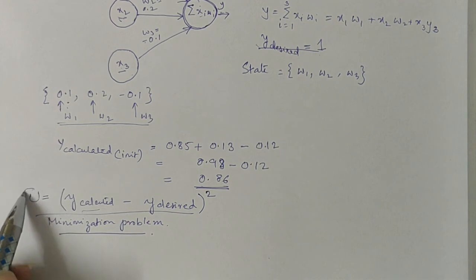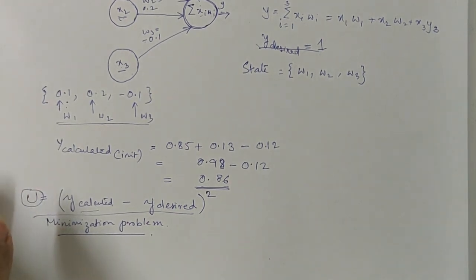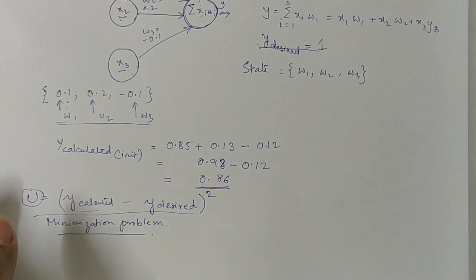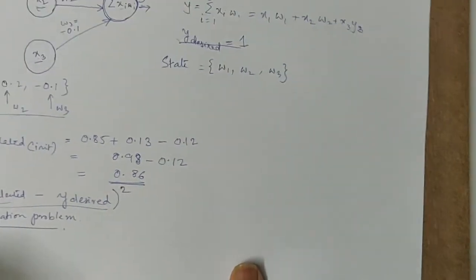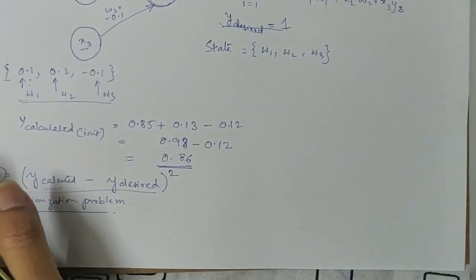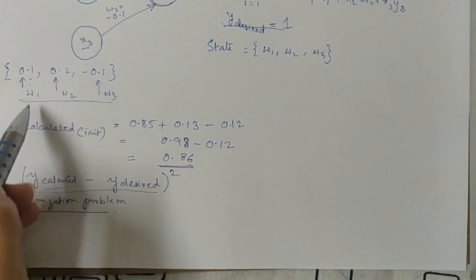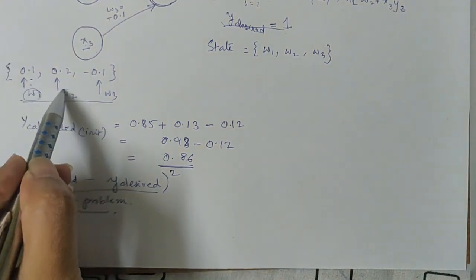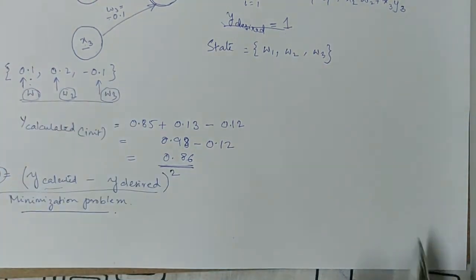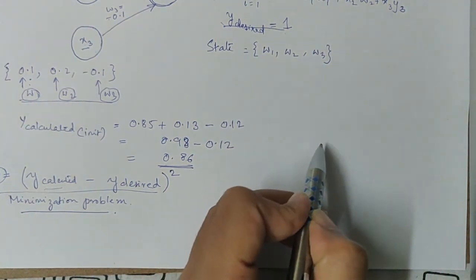Now this u is a function of what? In our last illustration, the u was a function of only x, right? But here my u is not a function of only a single variable. It is a function of all three variables w1, w2, w3, right?